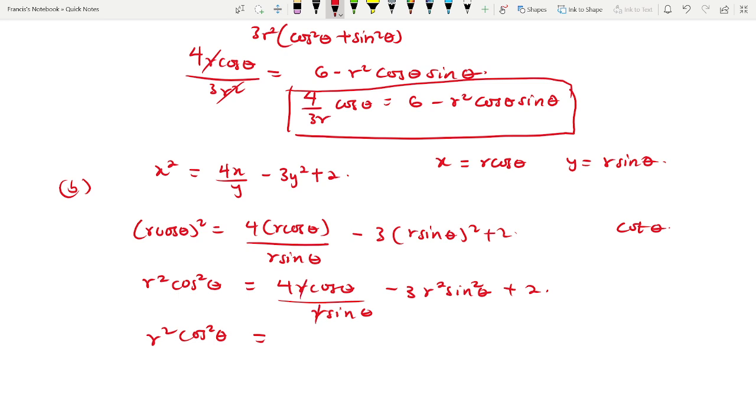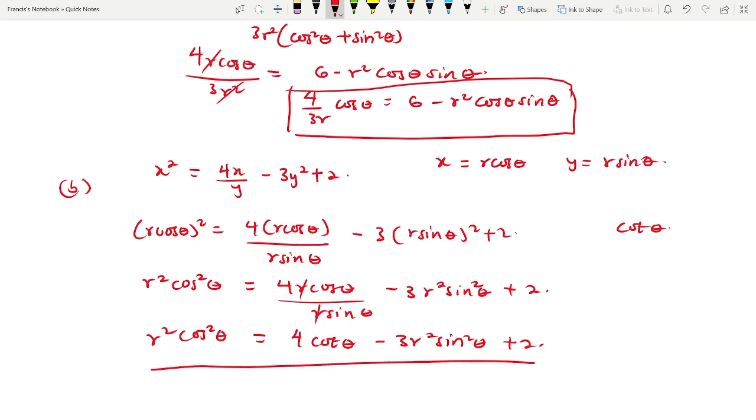So 4 cot theta minus 3r squared sine squared theta plus 2. At this point, can you make any further simplification? If we can't make any further simplification, then this becomes our final answer.